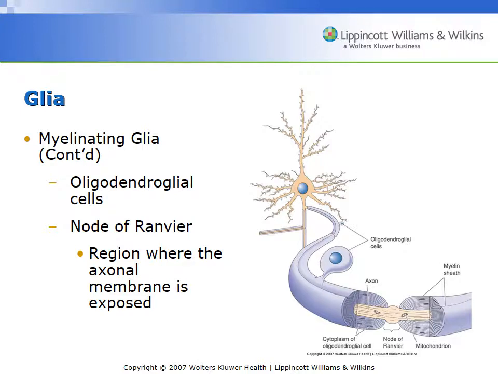The initial studies done in Boston University by Alan Peters, who was one of the pioneers of electron microscopy, showed that the sheet that the cells lay as they wrap themselves around the axon is actually made of myelin. Myelin is produced by individual cells, and between each cell there is a gap known as node of Ranvier, and that's very important, and we will talk in detail why.